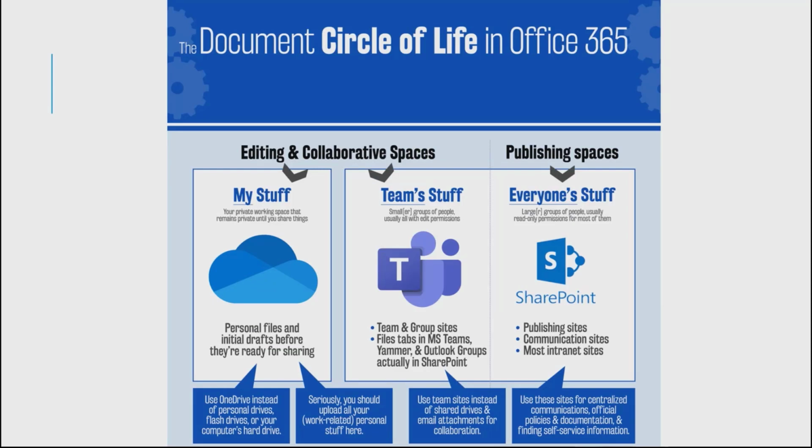So this slide gives you a rough feel of what kinds of data files go where. We'll start over on the left side with OneDrive. OneDrive is really where you put the personal documents that you're working on. It could be drafts or just files that you maintain for your work function. Really, that's where all your files start.